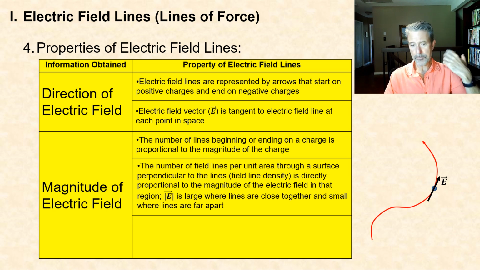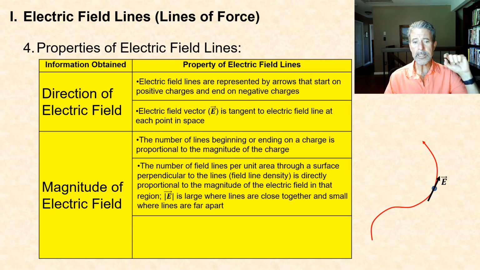It also turns out that the number of field lines, and this is the new part, and the part that is probably the most conceptually difficult to visualize here, but we will get some practice when we visualize it for some real charge distributions in some future slides.